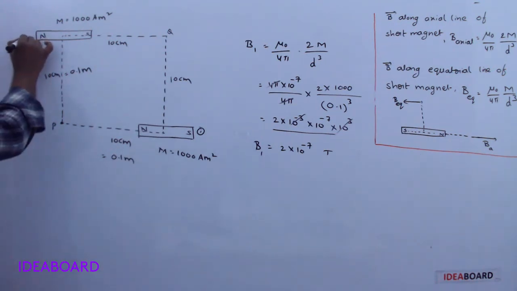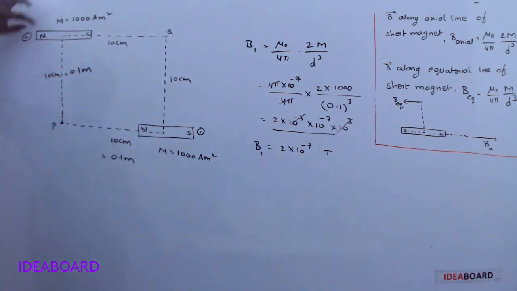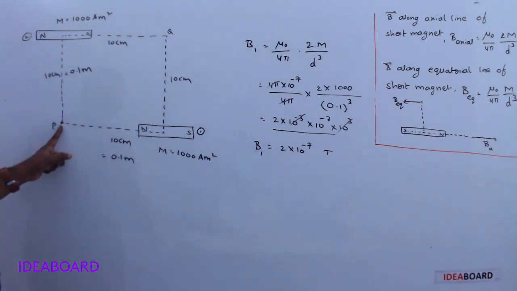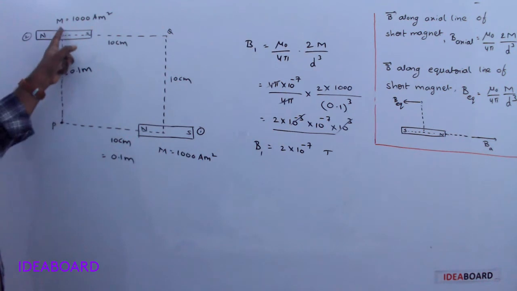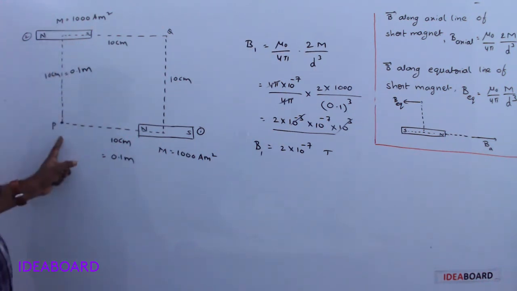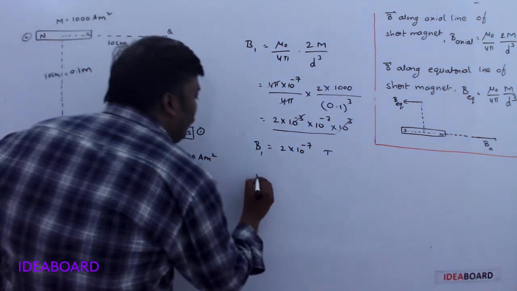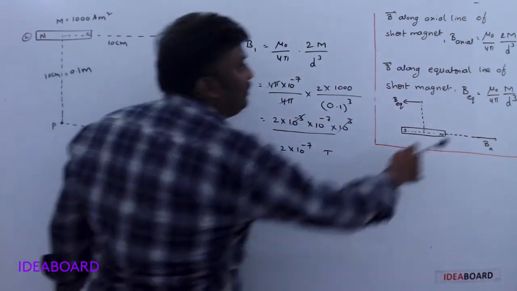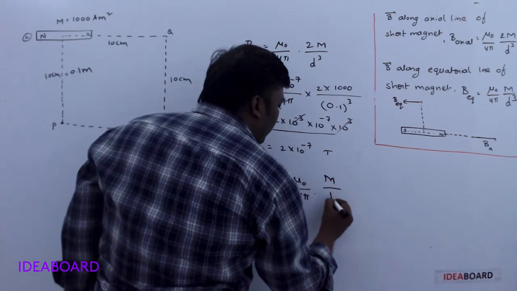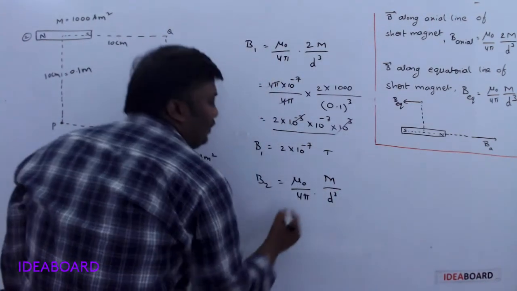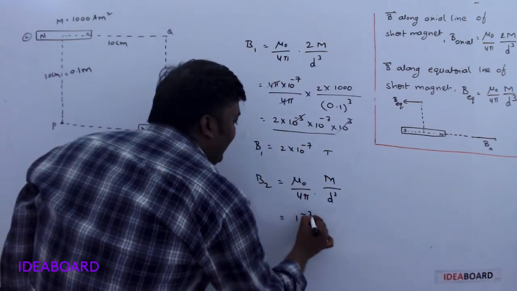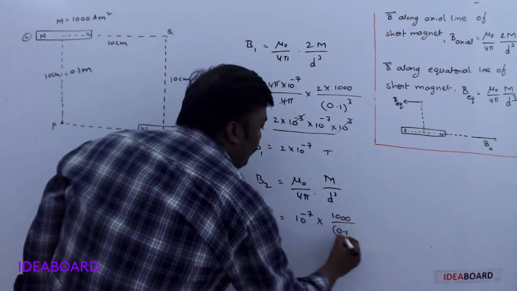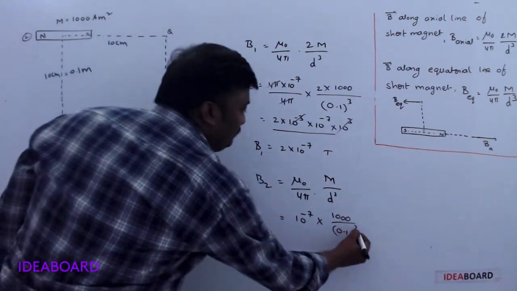Let us check the second magnet. For this second magnet, point P is along the equatorial line. For the equatorial line, the formula for B2 is mu naught by 4 pi into m by d cube. That is equal to 10 power minus 7, m value given as 1000, and the distance is 0.1 whole cube.